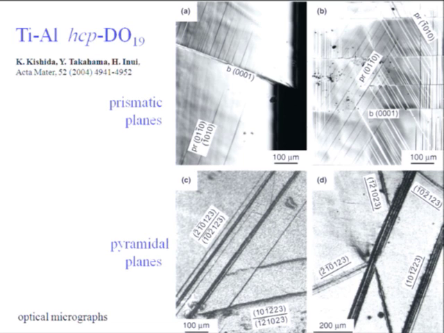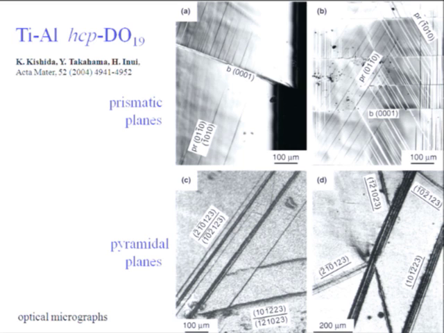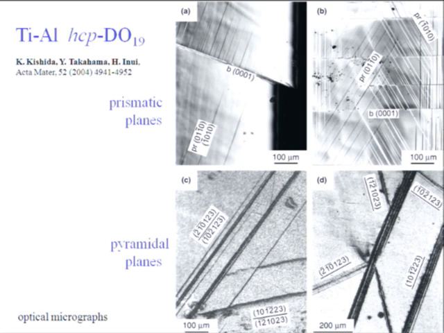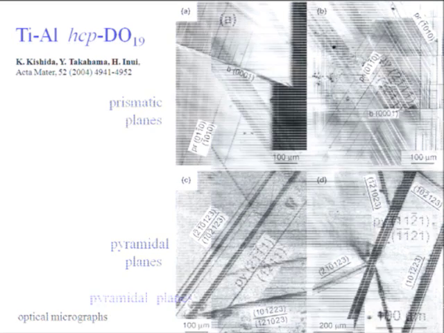For example, in a titanium aluminide, which has the DO19 order structure based on an HCP lattice, you can see that prismatic planes, not the close-packed planes, but prismatic planes or pyramidal planes can be faulted, twinned. These are optical micrographs.